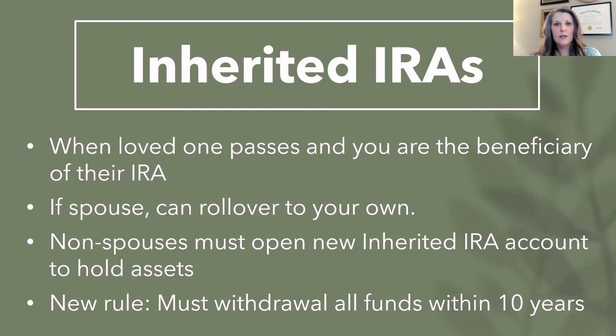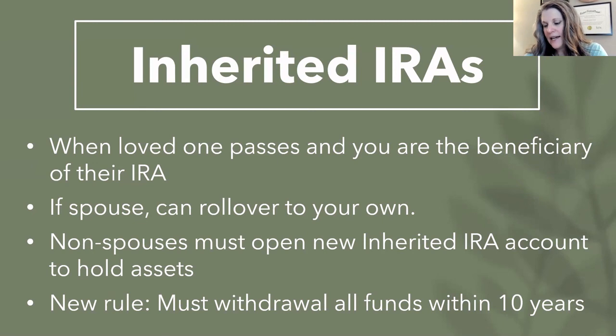And each one of those siblings would need to open an inherited IRA in order to move the money from their parents' IRA into their new inherited IRA. If it is a spouse that has passed away, you can actually roll that money into your own personal IRA, but it's only if it's a spouse. So otherwise, if it's a non-spouse, you have to open the new inherited IRA account.